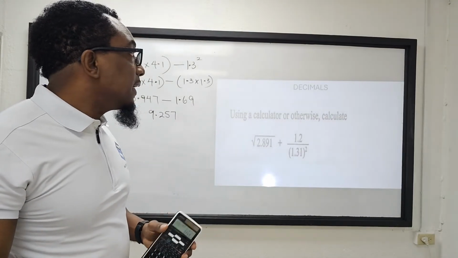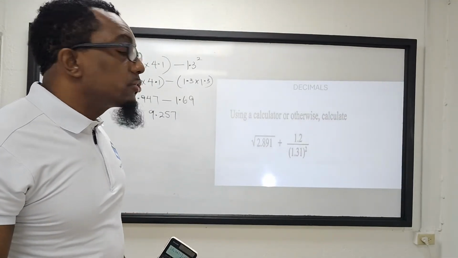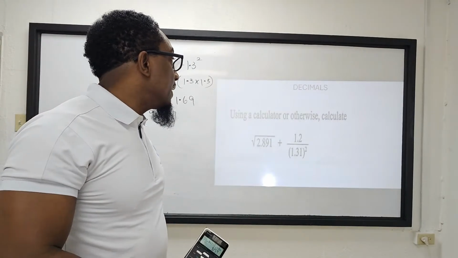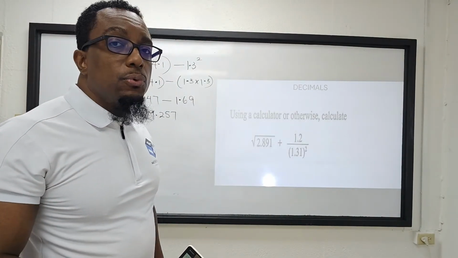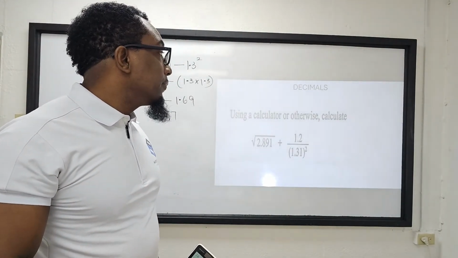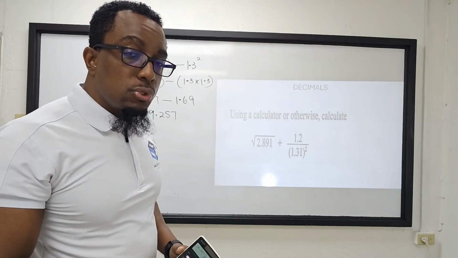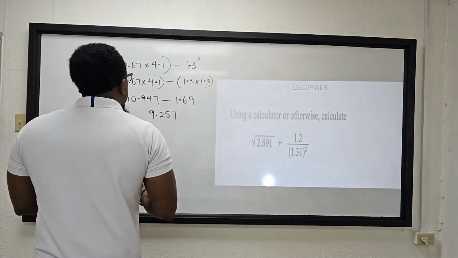So if we have this, using a calculator or otherwise, calculate the square root of 2.891 plus 1.2 all over 1.31 in brackets squared.